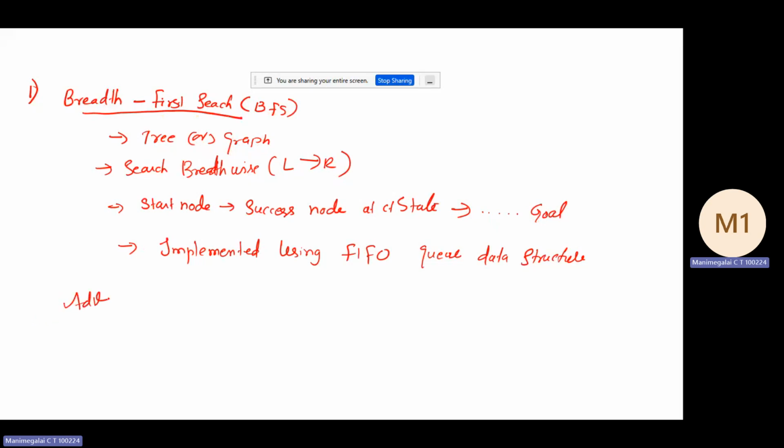Then we will go to the advantages of it. It will provide a solution if one exists.